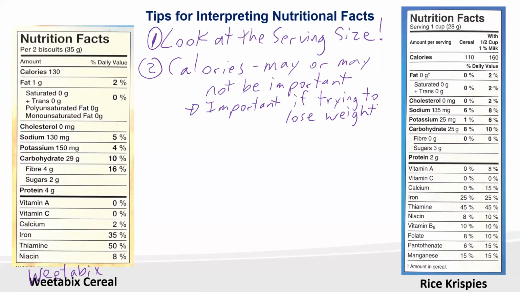And then everything else depends on what you're looking for and what kind of food you're actually eating, right? Whether it's important to look at the sugars or the fibers or things like that. So I'm just going to put everything else under note 3, some things that you can look at. For example, fibers.